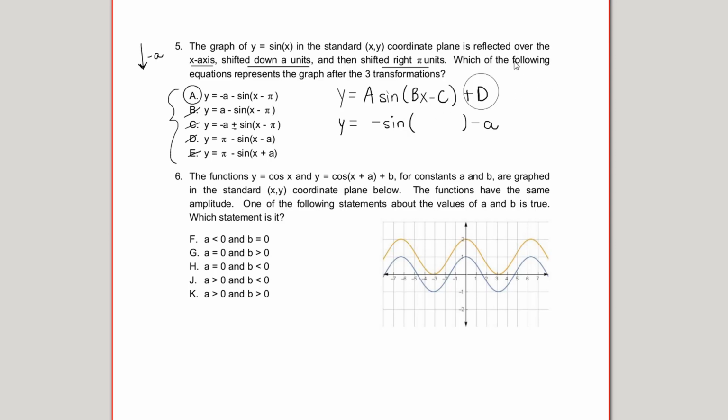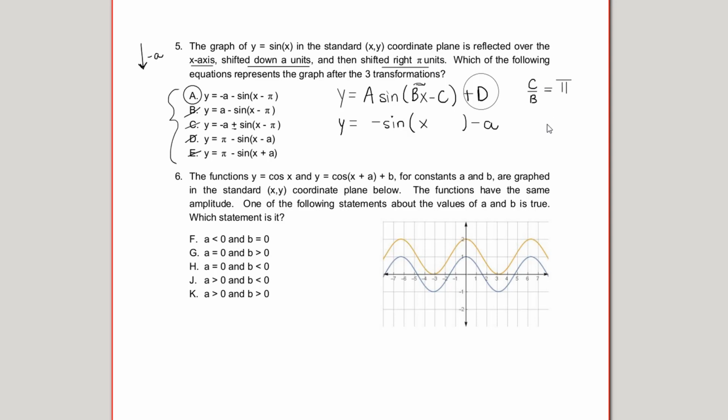So remember, that has to do with our C value. We have no change in terms of our period, so we will just have a 1x in front of that. And remember, we talked about the shift being C over B, and in this case, B is equal to 1, and it's going right pi units. That shift is pi.